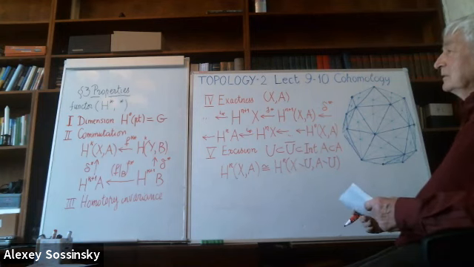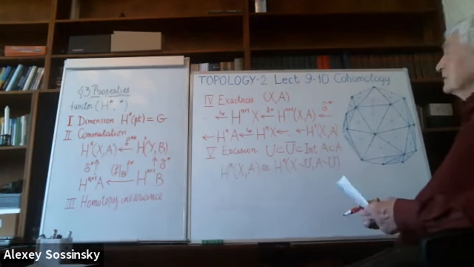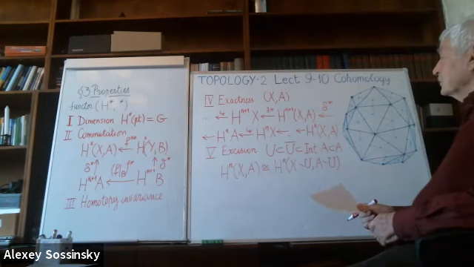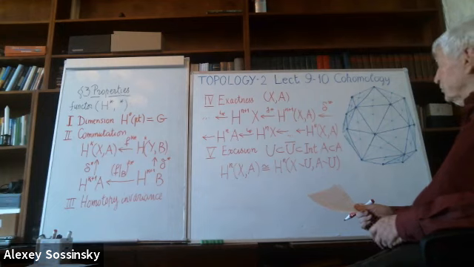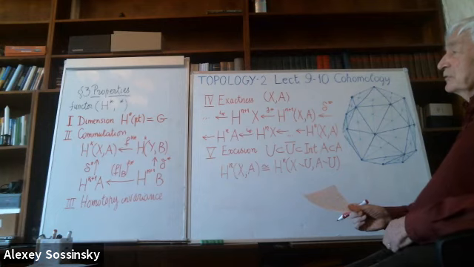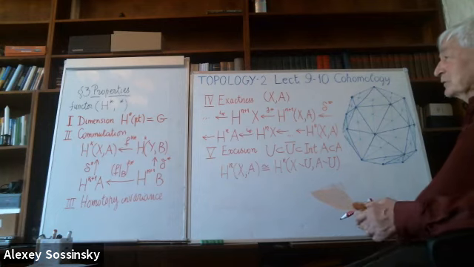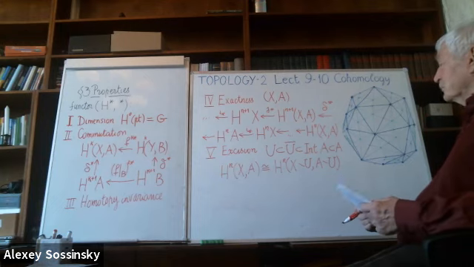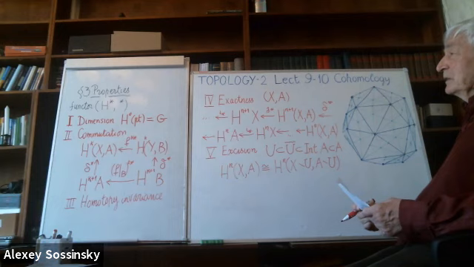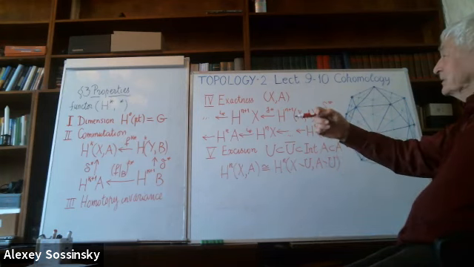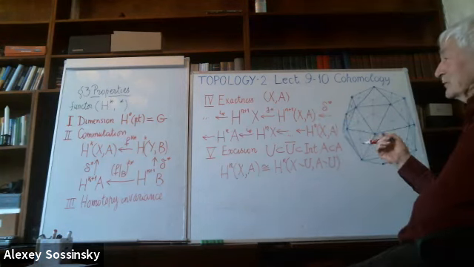Okay, so that is some of the properties of the cohomology functor for simplicial spaces. Now we can define the cohomology functor for topological spaces by dualizing singular homology theory. And then we have analogous properties or axioms, whatever you want to call them.